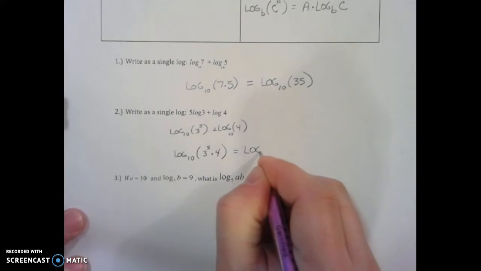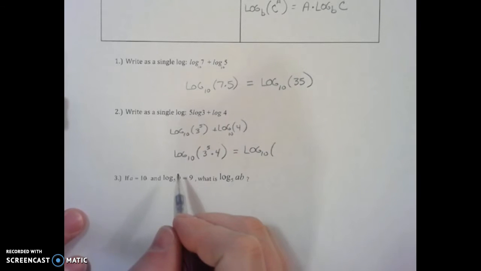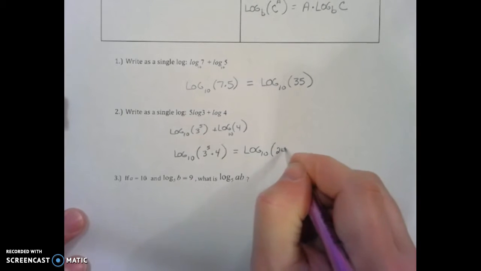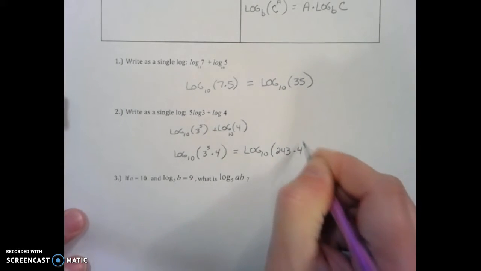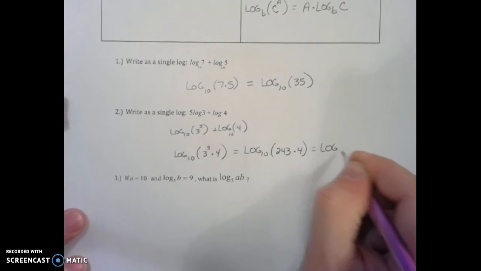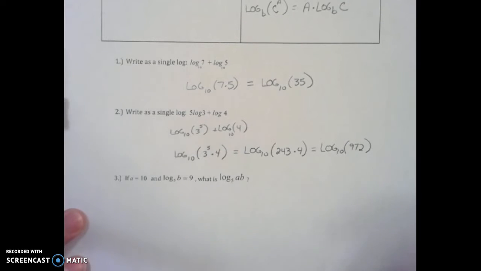Again, it's still going to be log base 10. 3 to the 5th power, 3 times 3 times 3 times 3 times 3, is equal to 243 times 4. And when I multiply those, this is the same thing as log base 10 of 972.